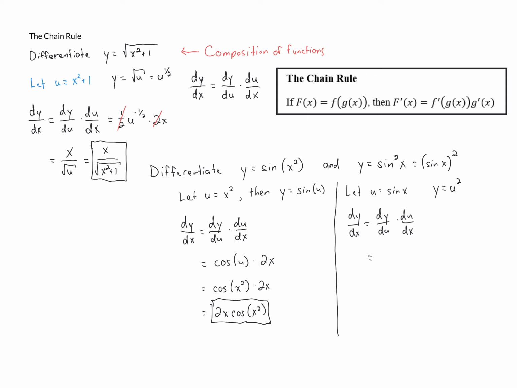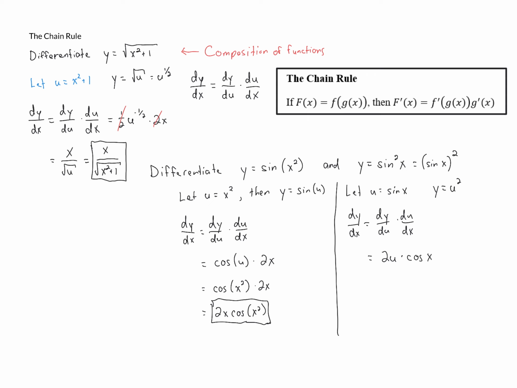So the derivative of y with respect to u, what's the derivative of u squared? 2u times the derivative of u with respect to x. Well, the derivative of sine of x with respect to x is cosine of x. So this is going to be times cosine of x. But remember, we want everything in terms of x, so we've got to back substitute in.